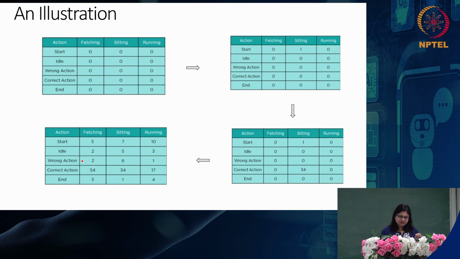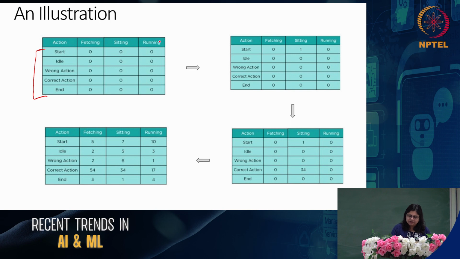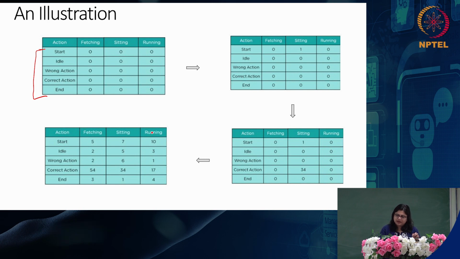Here you can see, for example, these are our states: start, idle, wrong action, correct action, end, and these are our actions: fetching, sitting, running. We keep updating the Q table, initialized with 0, and then maybe we get a final Q table like this. So this Q table is actually a representation of a finite state automaton.